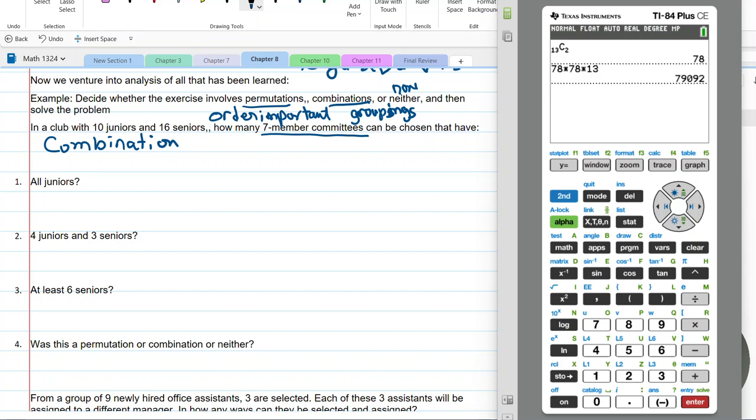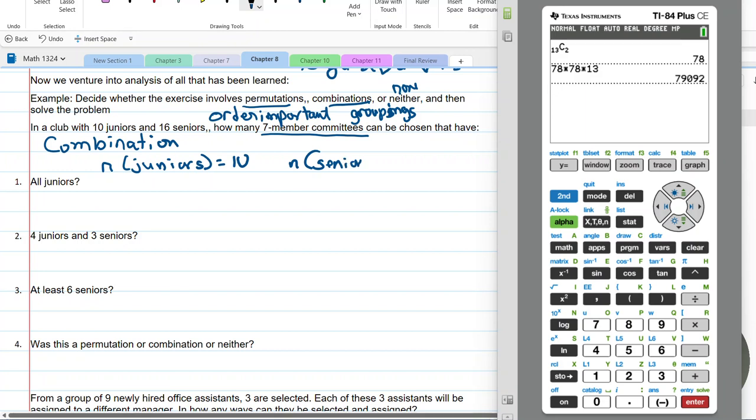N for juniors is 10. N for seniors is 16. What we're asking for is going to be the sum of those two, but we have 2 distinct sets.